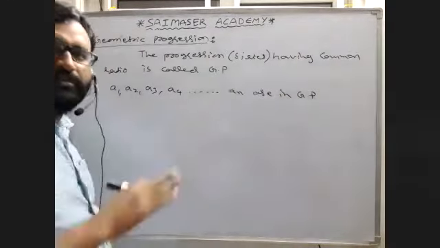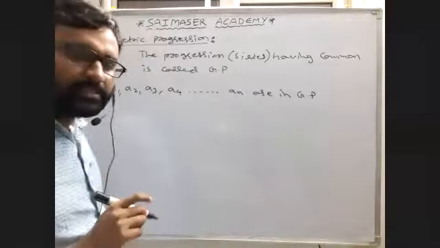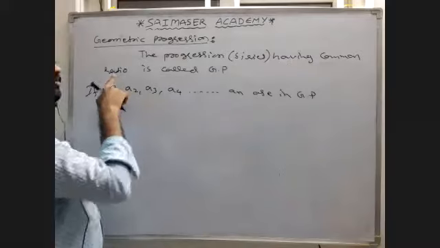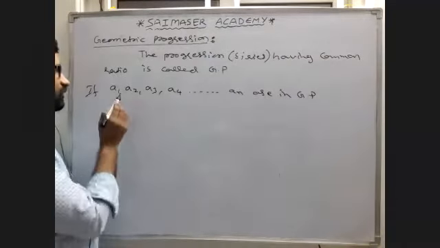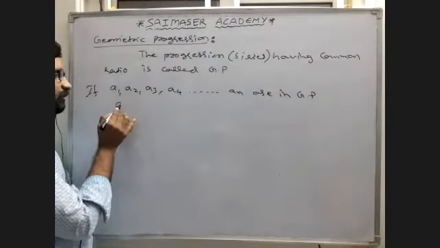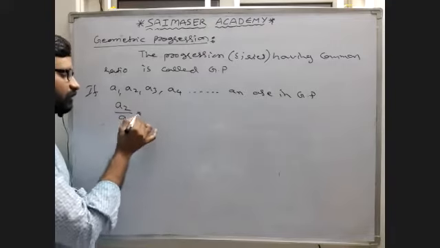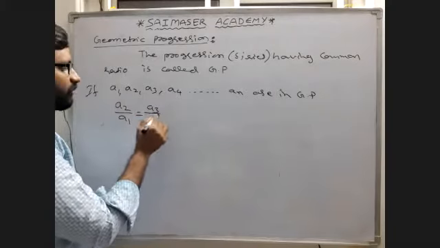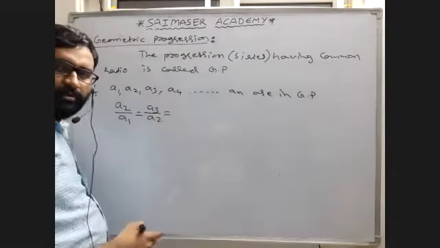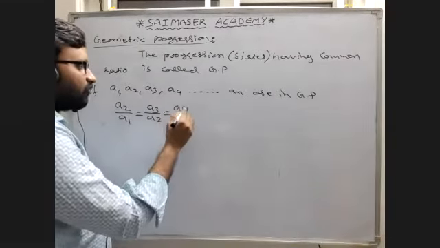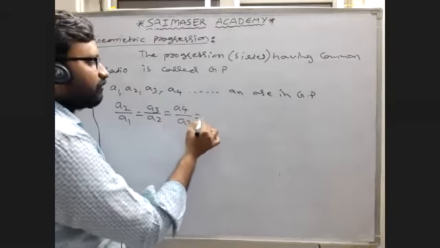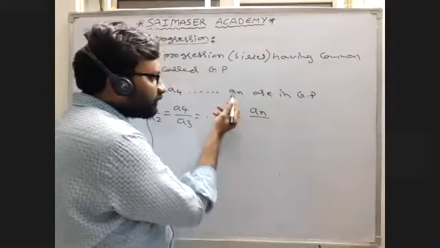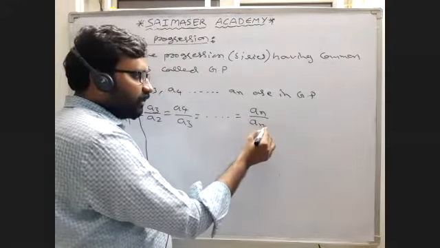If this is a series in GP, then compulsorily the common ratio should be the same. Common ratio means A2 by A1 is equal to A3 by A2, is equal to A4 by A3, and so on, equal to An by the preceding term, which will be An minus 1.